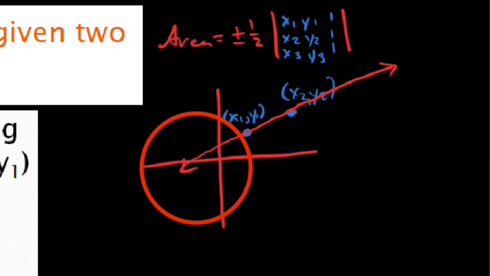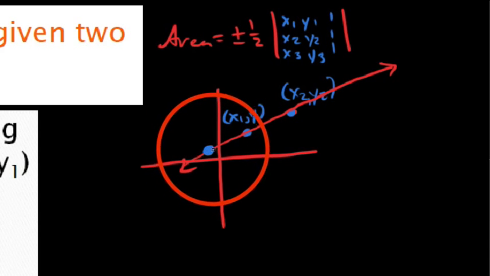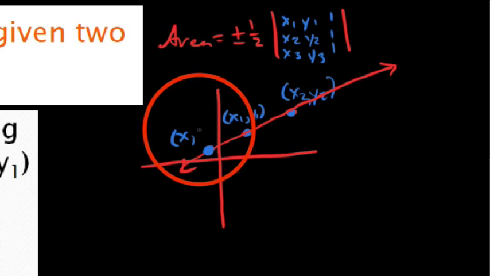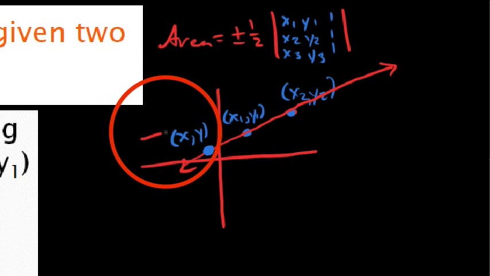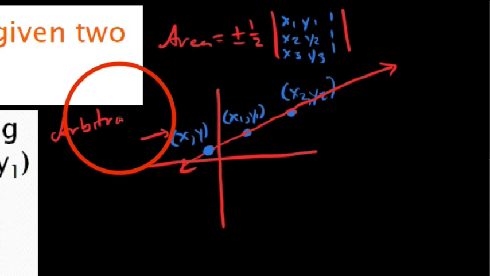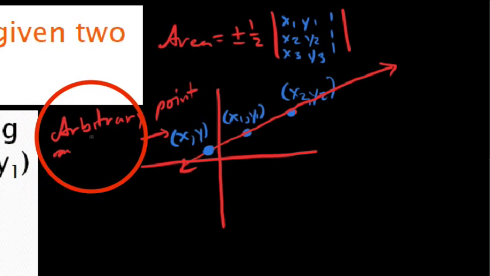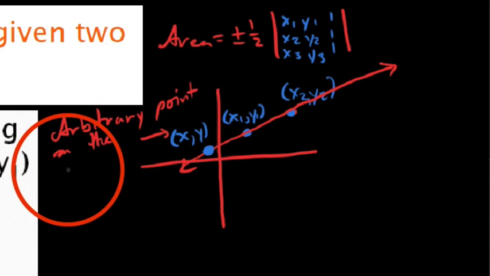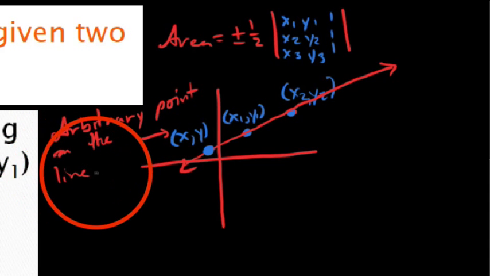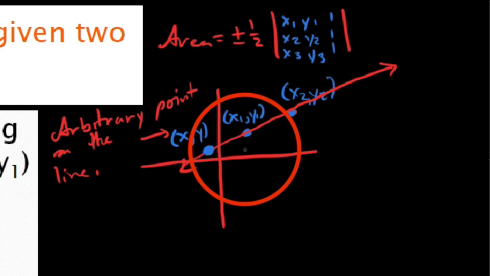Let's consider that this point right here, I'm going to label xy. This is an arbitrary point on the line. That means it's not any specific point, but it's definitely a point on this line.